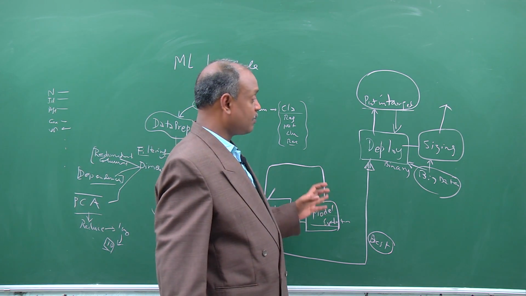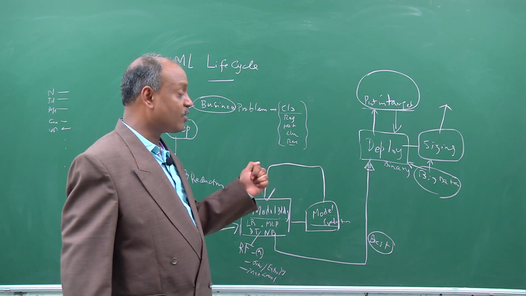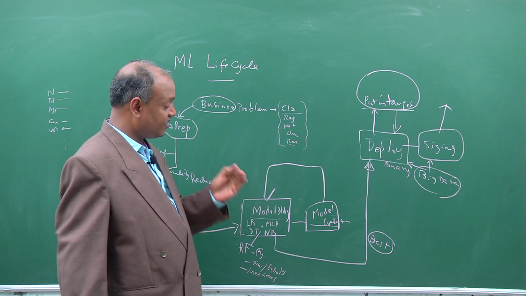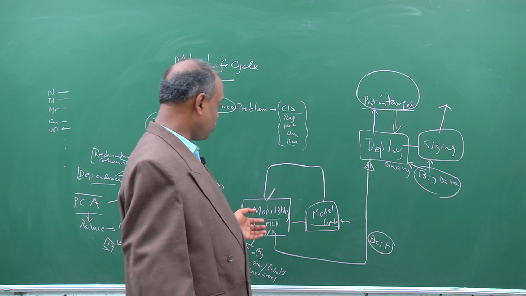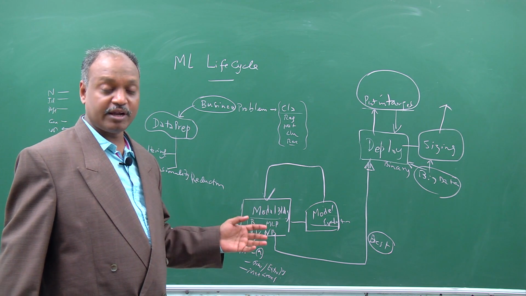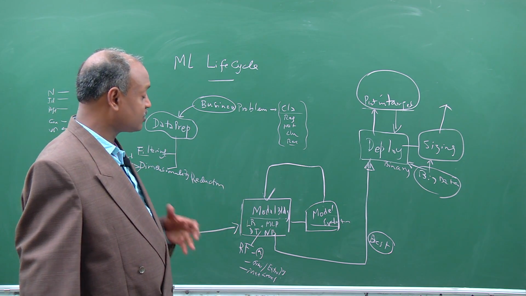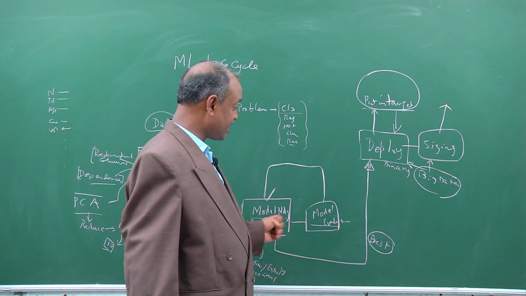Then we pass it to the model evaluation phase, where each model requires different parameters. A classifier may need accuracy, sensitivity, precision, recall, F-score. In the case of clustering, you may look at the potential spread across clusters. Or in the case of regression, you may look at R square.